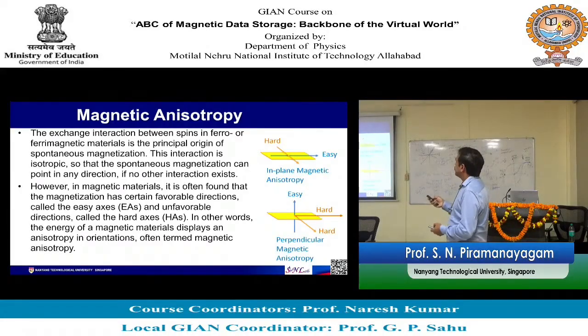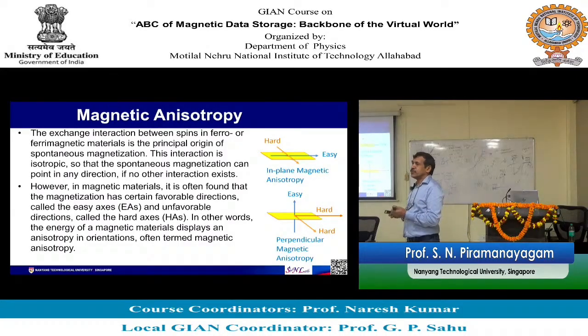Before we learn about what is magnetic anisotropy, let me just start with isotropy. Isotropy means you measure some property, and the measured property is independent of the direction in which you measure it. For example, let's say I take a copper wire. I measure the resistivity of the copper wire in this direction or in this direction.